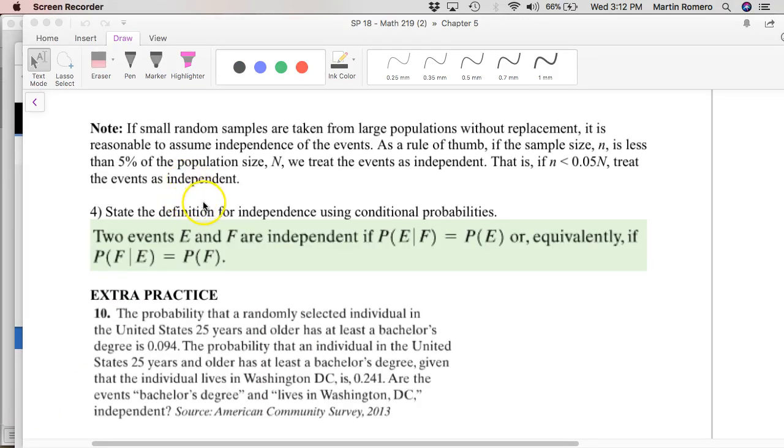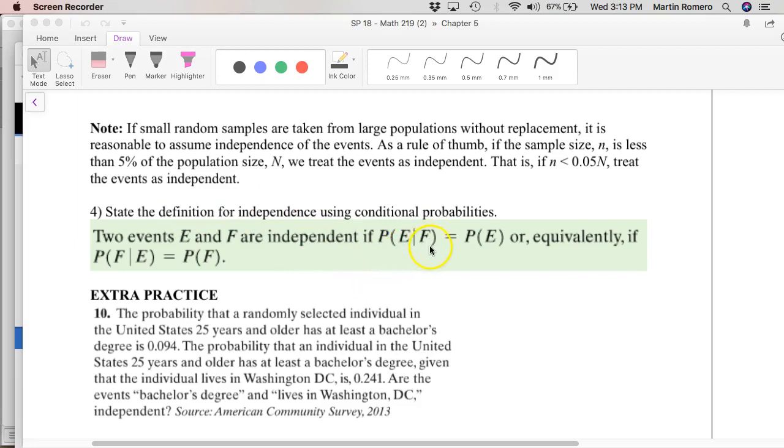So to answer the first two questions, we need to recall this idea here. Two events are independent if the probability of one event given the other one has occurred is equal to the probability of that event, meaning that F had no influence over that, or vice versa. Again, what that says is the probability of E given F equals the probability of E, meaning that F had no influence on it, which means that E and F are independent.